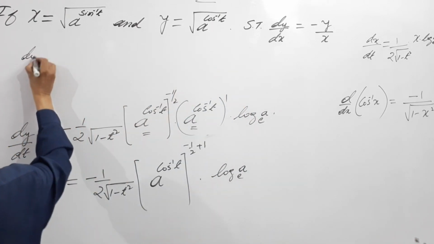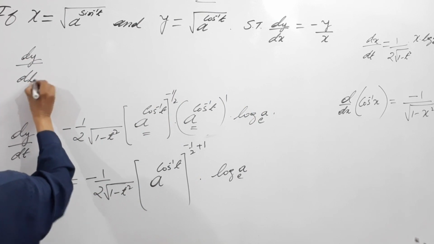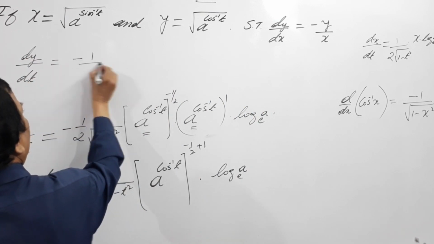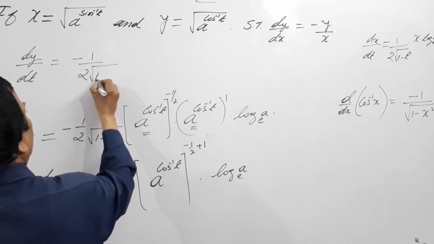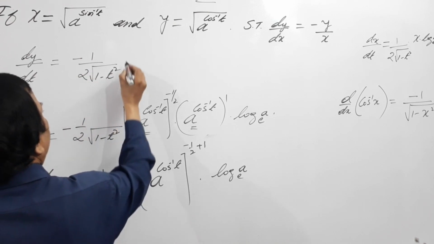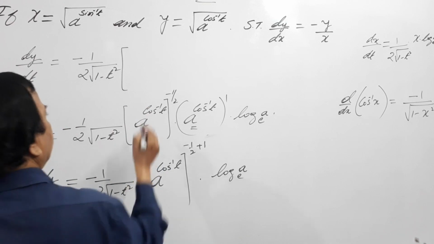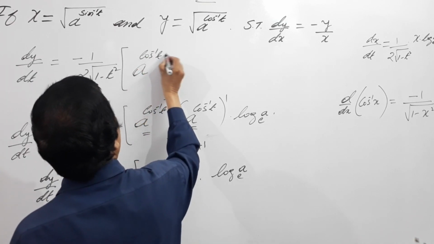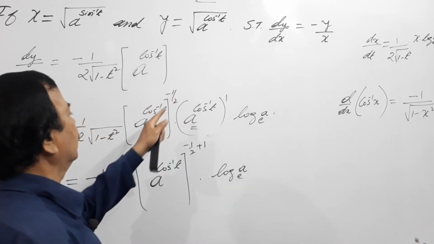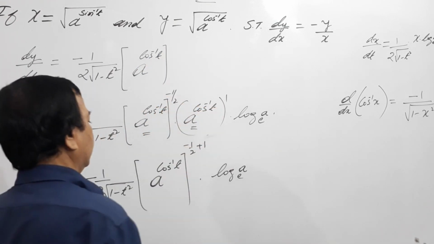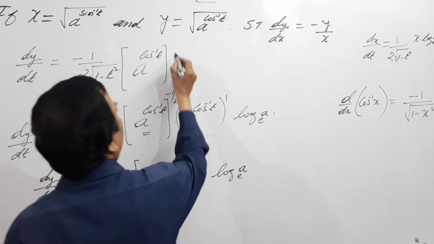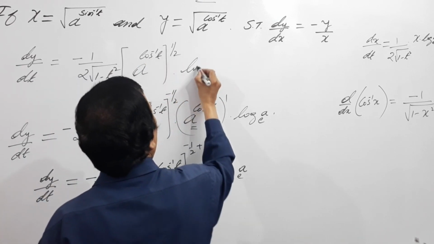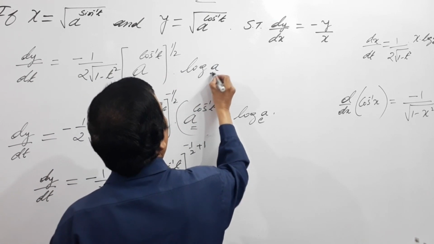I rub this. So dy by dt equals minus half into 1 minus t square. So this becomes a to the power of cos inverse t. So minus half plus 1, so minus half plus 1 is plus half, into log a to base e.